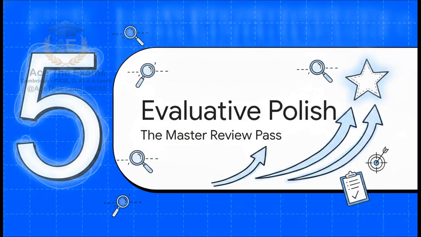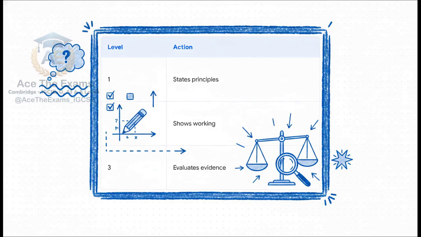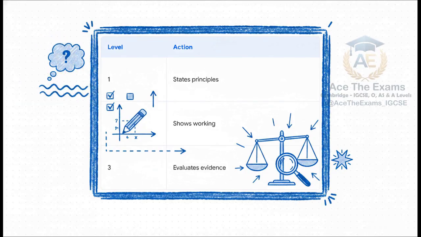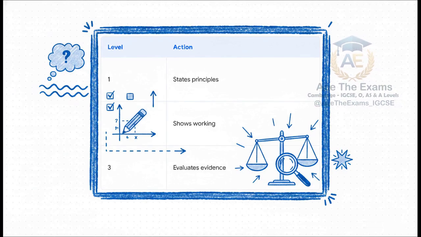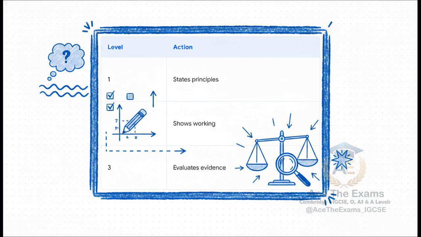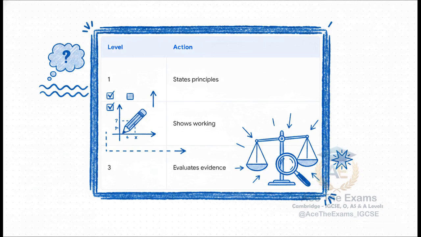Finally, Section 5, the final evaluative polish. This is your master review pass. By viewing this clean structural framework, you can see how advancing from simply describing calculus to actually evaluating alternatives completely locks in your grade. At level 1, descriptive, you're just stating principles. At level 2, analytical, you are executing clear working, which, as we know, secures those essential method marks.